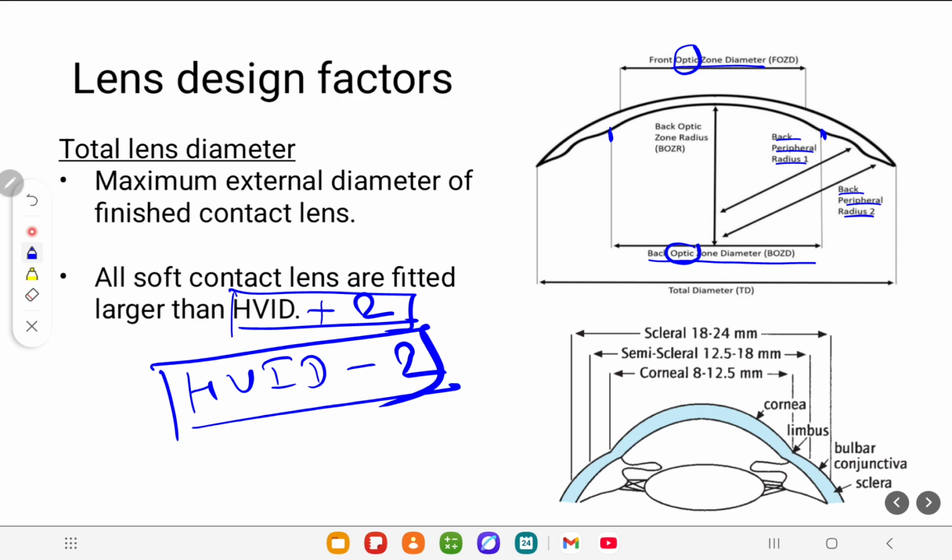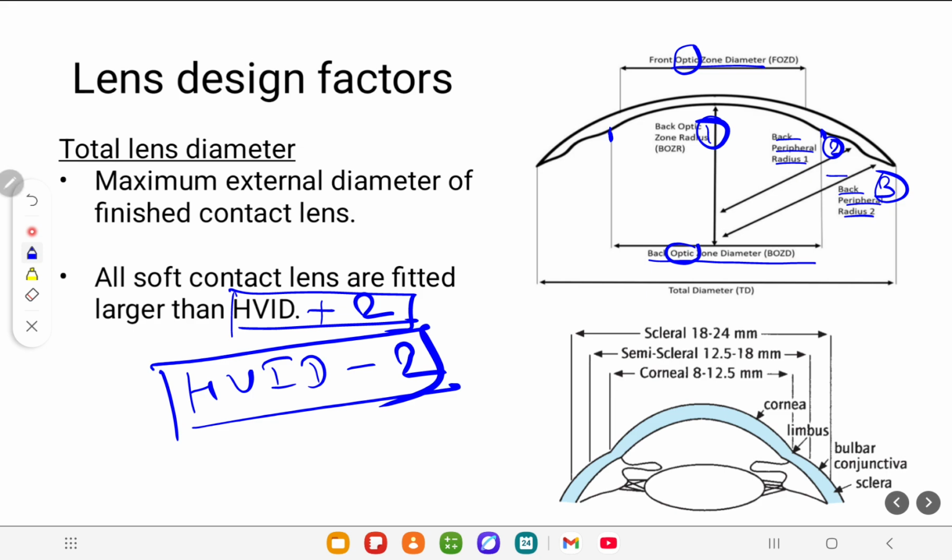It means the back surface is tricurve. First is the back optic zone radius, second is back periphery radius zone 1, third is back periphery radius zone 2. So there are three back curves, which means there are three diameters too, isn't it?